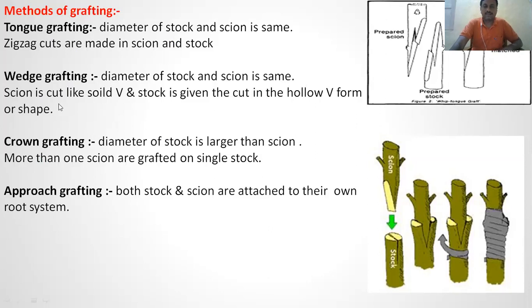Okay, then second, wedge grafting. The diameter of the stock and scion is the same, but the scion is cut in a solid V shape, as in this portion, the lower side of the diagram.